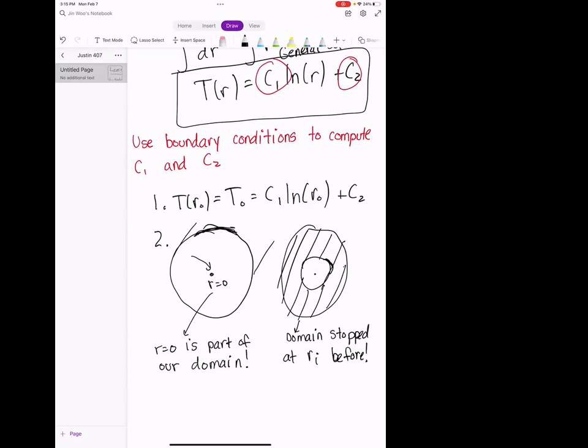And so in our previous example, we didn't have to worry about what was going on at the middle of the cylinder, just because it wasn't part of our domain. But now we do, because it is part of our domain. And so our solution has to be valid at r is equal to 0.